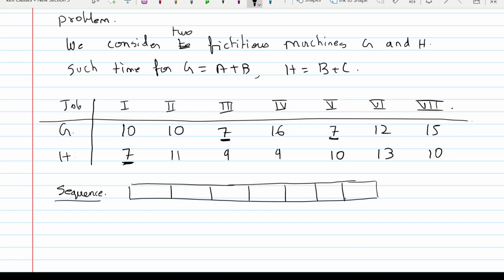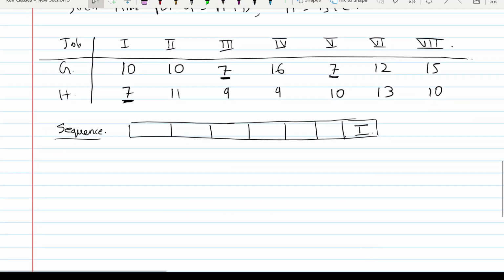The 7 with H is for the second machine, so it will naturally go on the right hand side. That job is job 1, so it goes on the right hand side. Now these two are there, 7 and 7, job 3 and job 5. That means there are multiple solutions. Because it's a multiple solution, we'll have to make one more sequence.